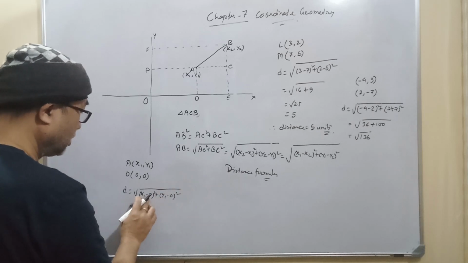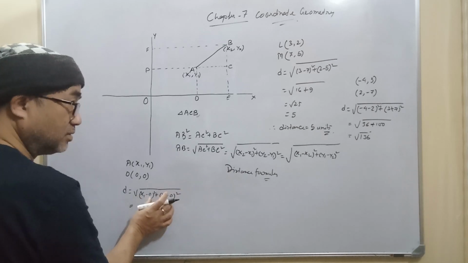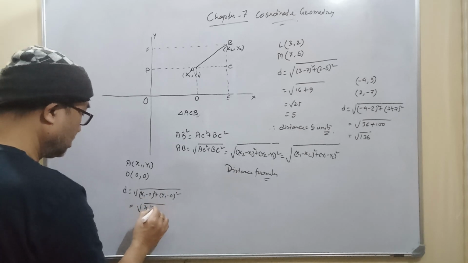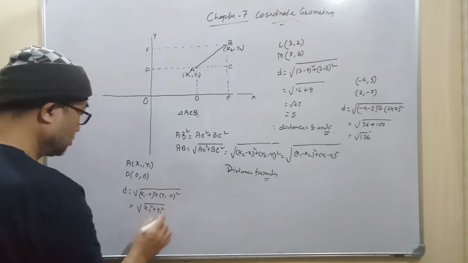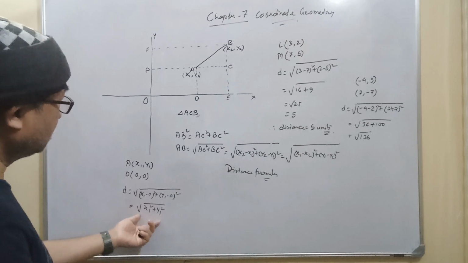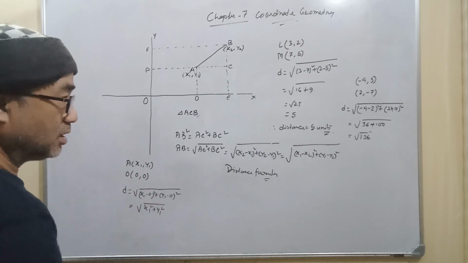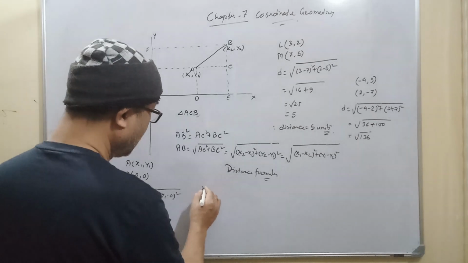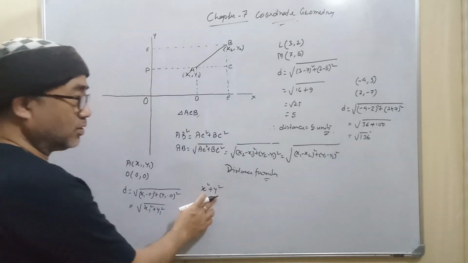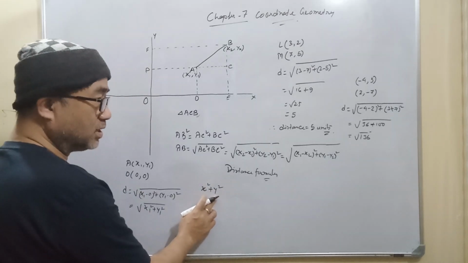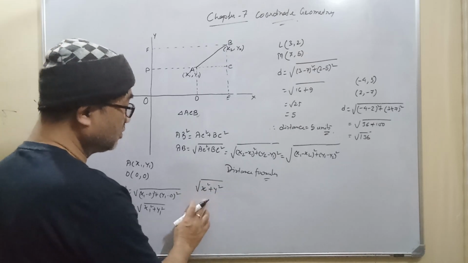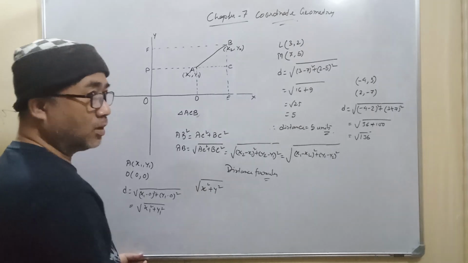Because these are 0, 0, it is equal to the square root of x1 square plus y1 square. So you see, to find the distance between the origin and any point, you just square the x coordinate, add it to the square of the y coordinate, and then take the square root. That gives us the distance between the point and the origin.